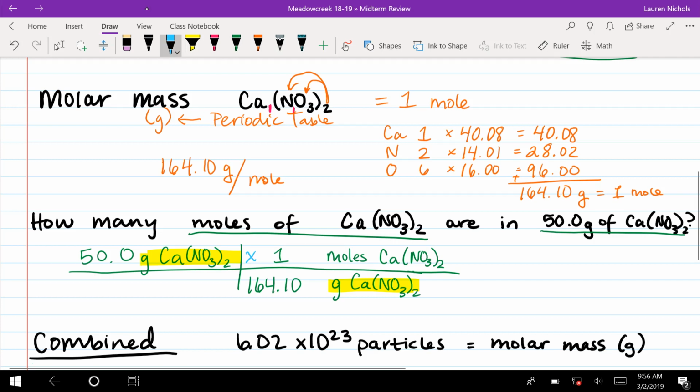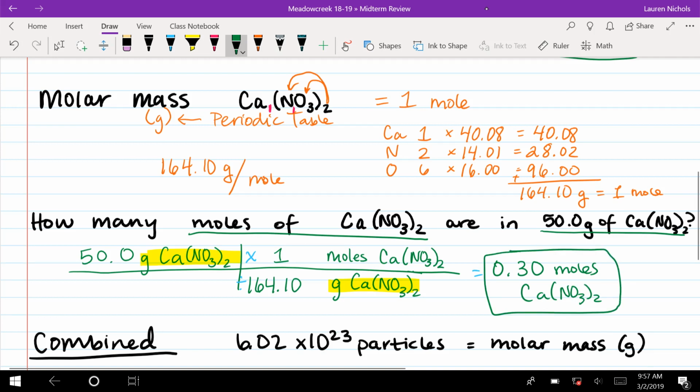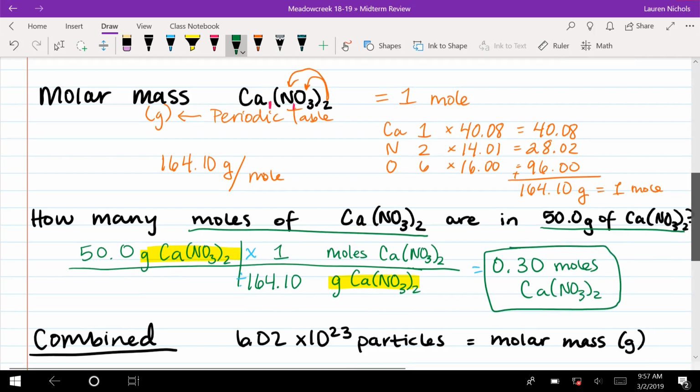So we multiply by 1 and divide by our molar mass. So 50.0 divided by 164.10 will give us 0.30 moles of calcium nitrate. Okay, so that's our first problem.